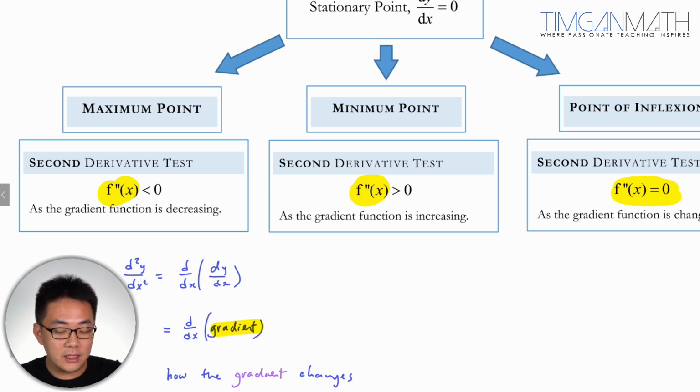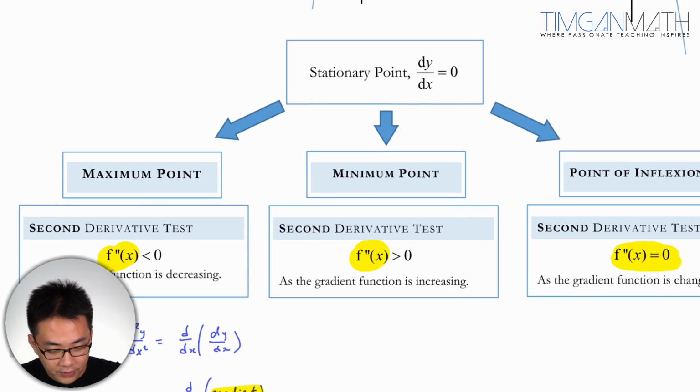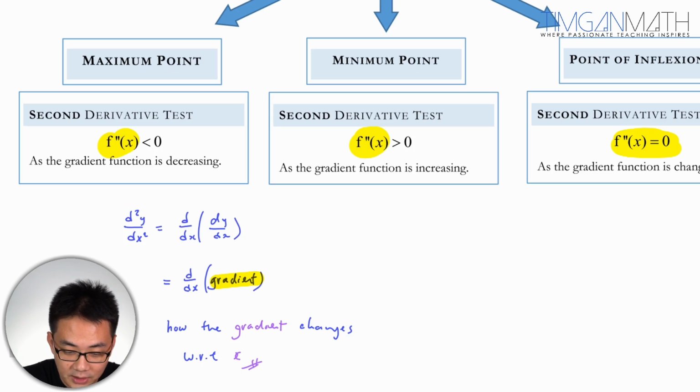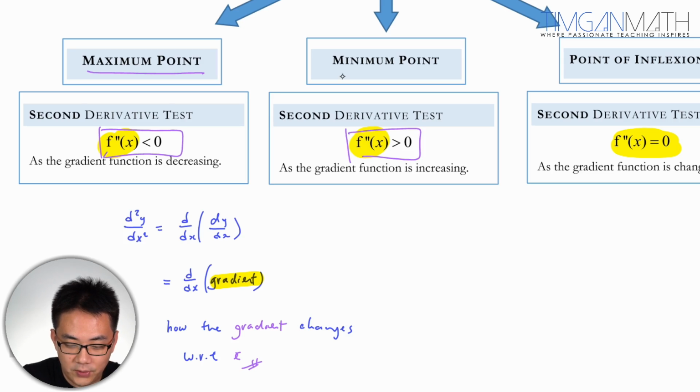The first thing is the second derivative test. You don't really need to understand the concept behind it, but I'm just going to explain so that you appreciate it. What you need to do is just generate and see whether the second derivative value is negative, positive, or 0. If it's negative, then at that point there is a maximum point. If it's a positive value, then it's a minimum point, and if it's 0, it's inflection.